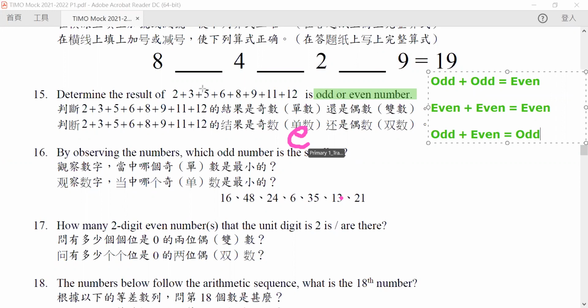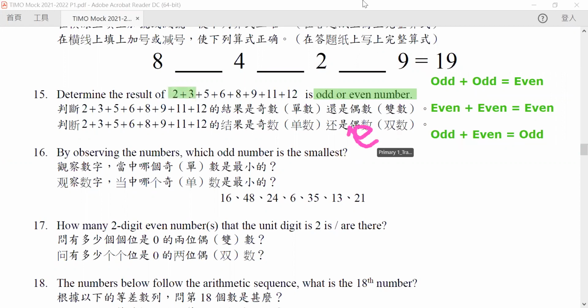So for 2 and 3, 2 is an even number, 3 is an odd number, and hence the sum of this is odd. Now, because it will be added to another odd number, odd plus odd becomes even.